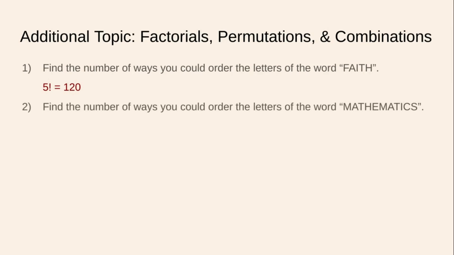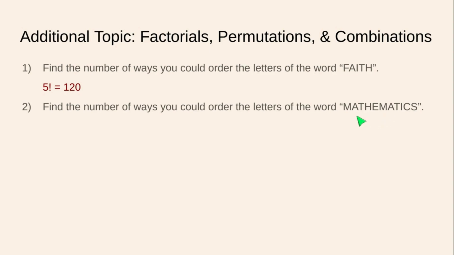Here's a more challenging problem. Find the number of ways you could order the letters of the word mathematics. Now, just looking at that word, we see it's 11 letters long, so we think it's 11 factorial. But hold on, there are some repeating letters. The M's repeat. So there are 2 factorial ways in which I could rearrange those M's, and I'd still have the same spelling.